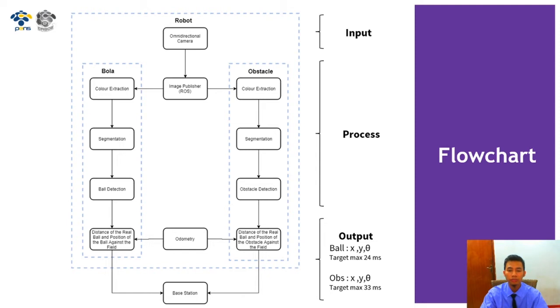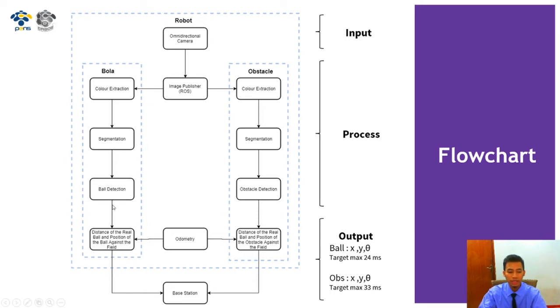So this is the flowchart of my program. The first is input. The robot input is an omnidirectional camera, so the camera will take the frame of the field, the ball and the obstacle, and then send it into the image publisher. After the image publisher, it is divided into two programs. The first is ball detection and the second is obstacle detection. There are thresholding, color extraction, segmentation, and then ball detection.